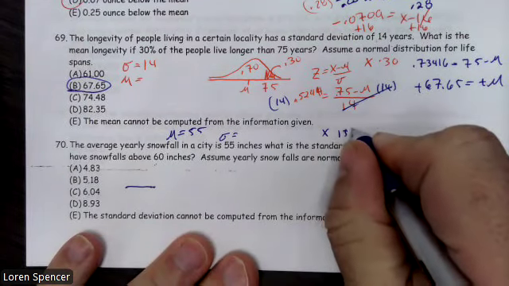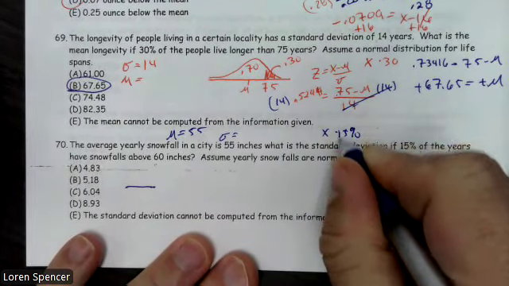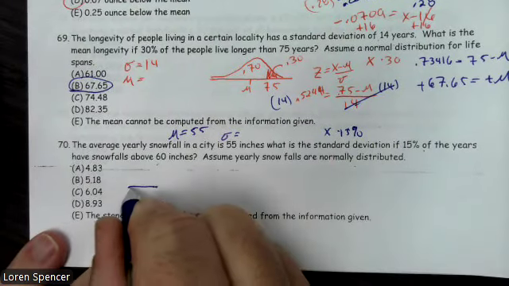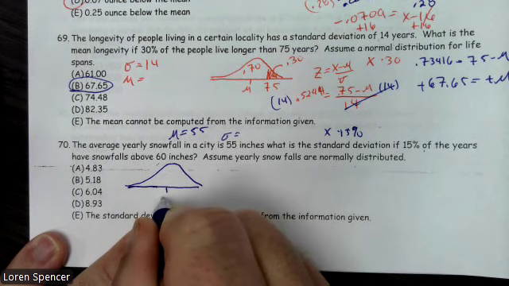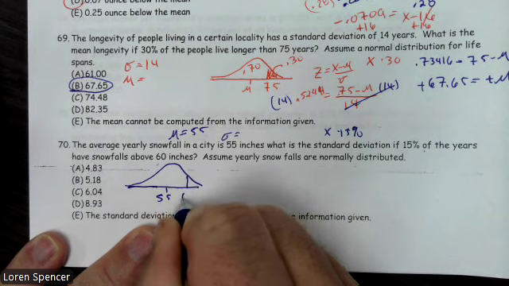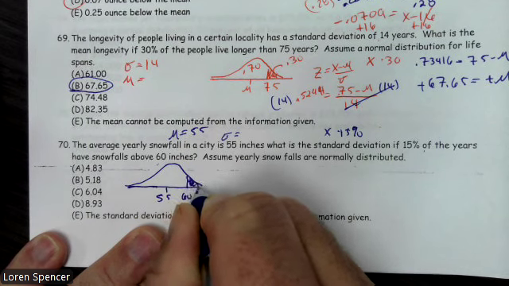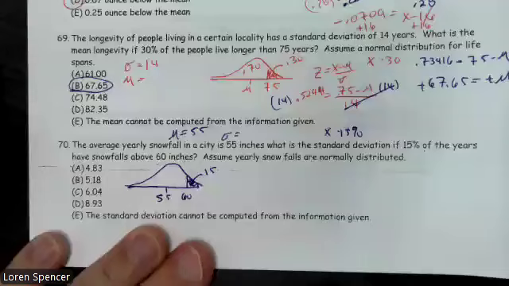So the 15% is up, right? Because it used the word above. So my picture is going to look like this. Here's my mean, which is 55. 60's here. And this area right here is 15.